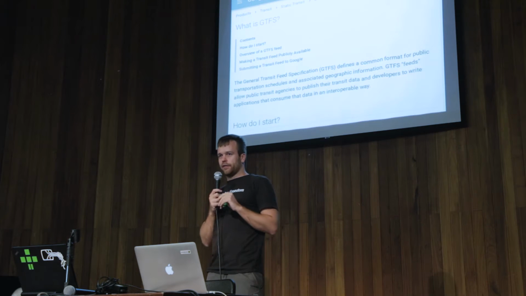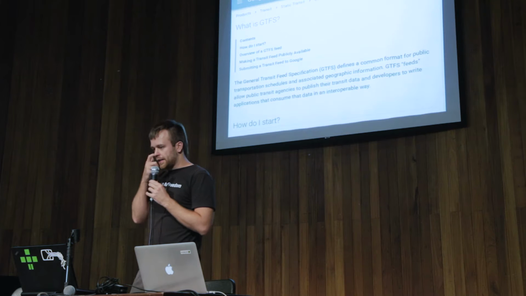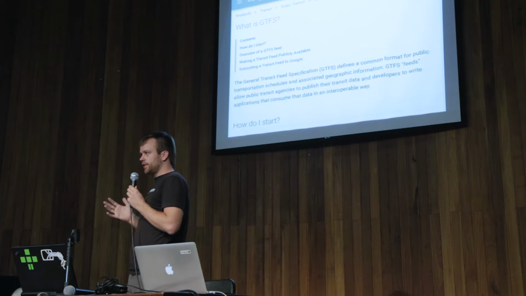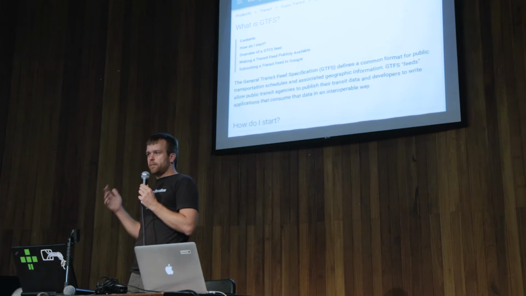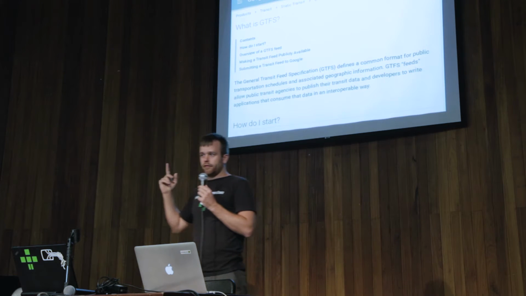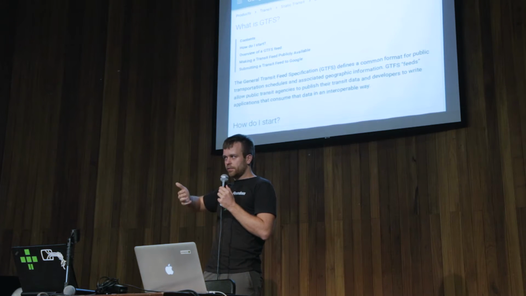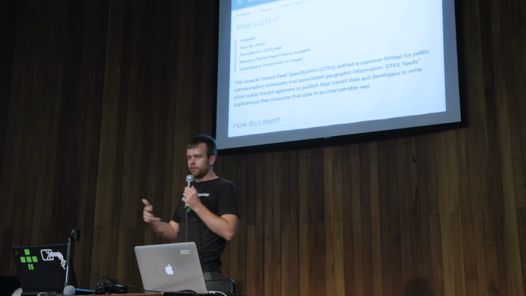If you want to do something with public transport data, that is what you want to work with. And many public transport agencies, like here in Sao Paulo and Rio, already publish this data. So it could also be helpful for mapping bus stops, because in this data, there is a list of all the stops with the GPS coordinates that the public transport agency took.